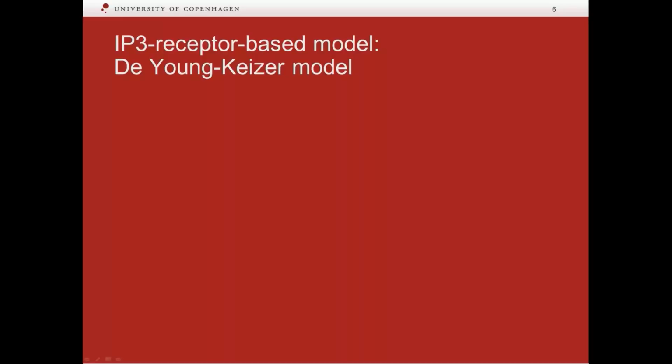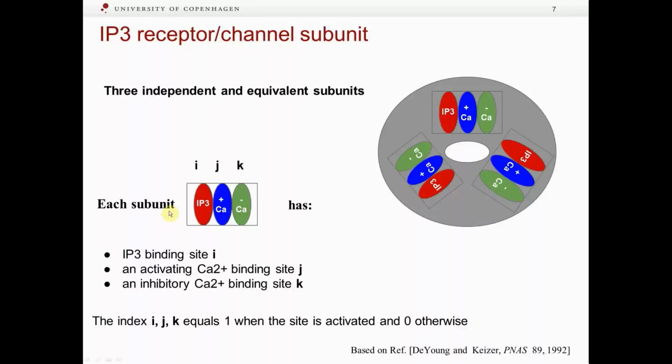The kinetics of the IP3 receptor channel is described in the De Young-Keizer model. Each channel consists of 3 equivalent and independent subunits, and each subunit has a binding site for IP3, a binding site for calcium that causes activation, and a binding site for calcium that causes deactivation of the channel.